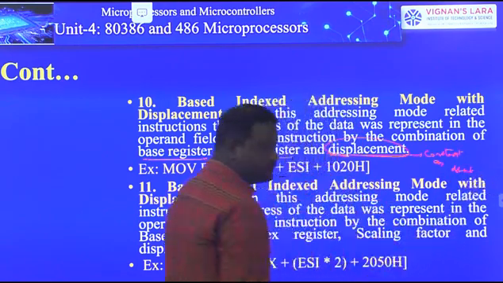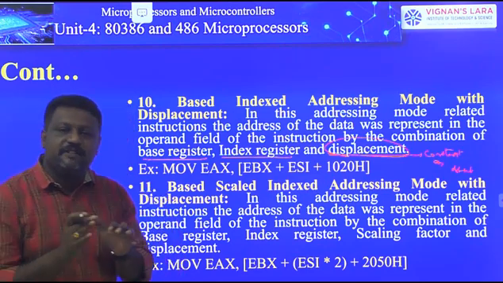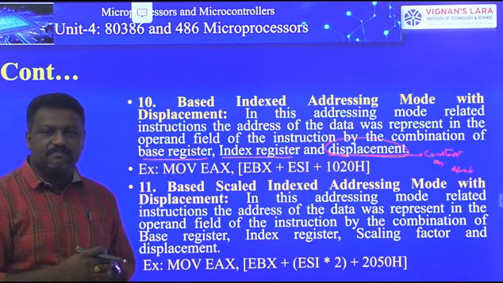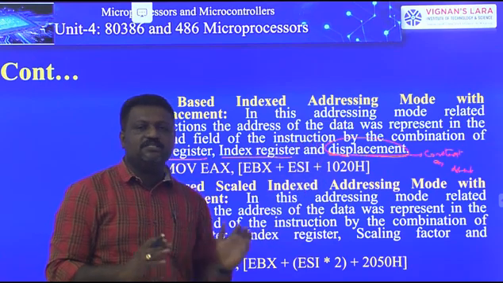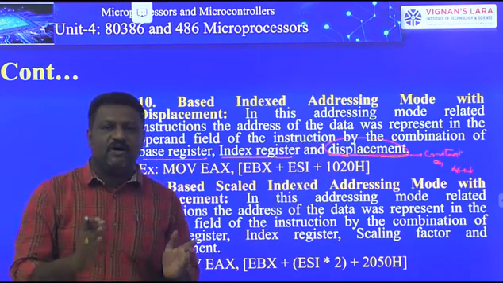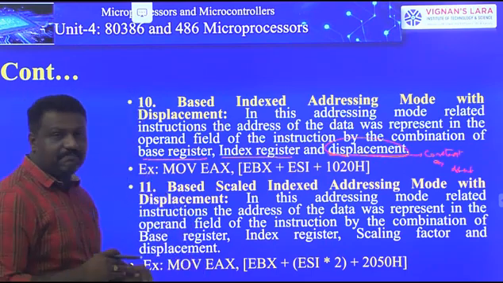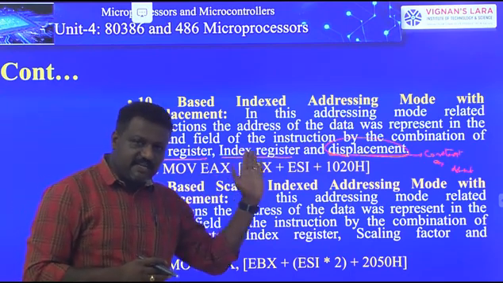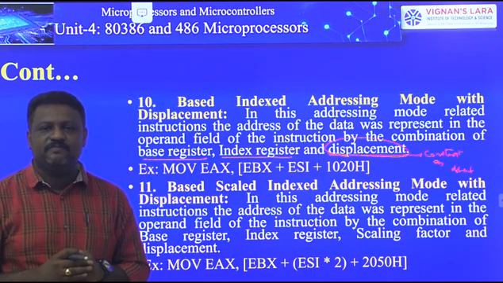So here what happens is the address of a data is split into 3 partitions. One partition is available in the base register, another partition is available in the index register, and the third partition is represented directly in the instruction as a displacement value, a constant value or an offset value. So see here guys, an example: MOV EAX, [EBX + ESI + 1020H].